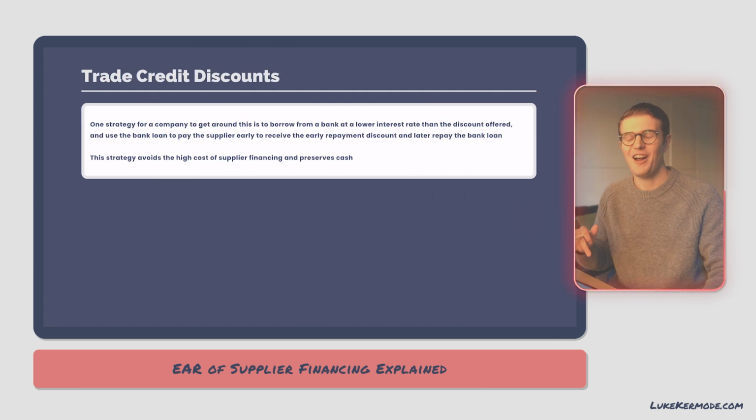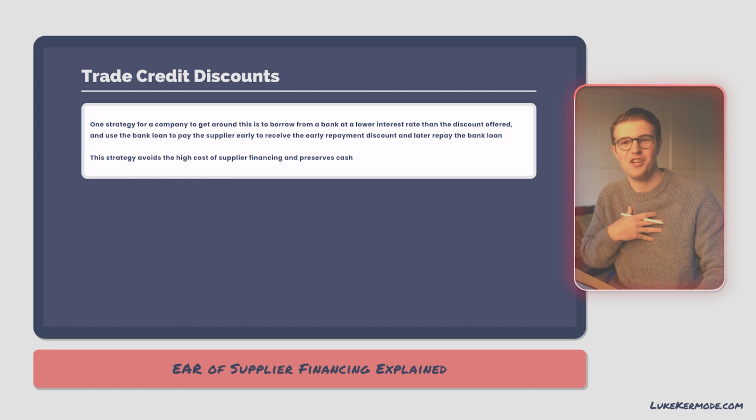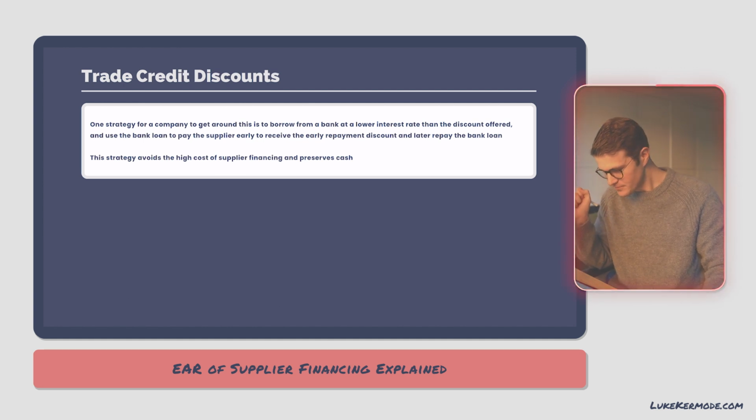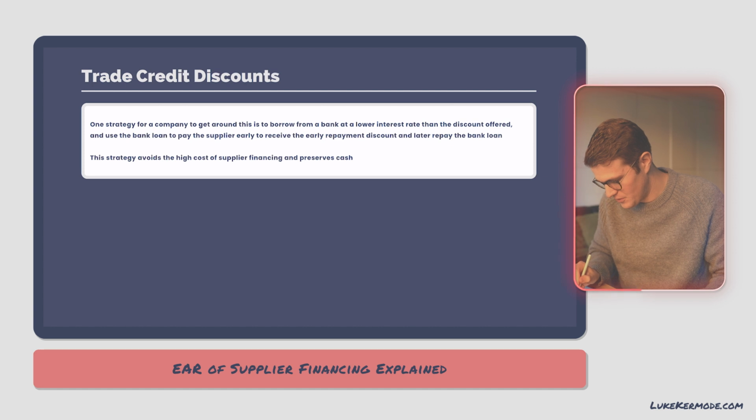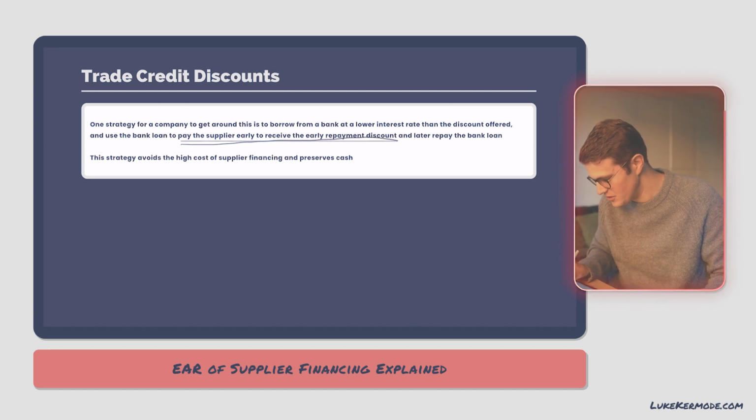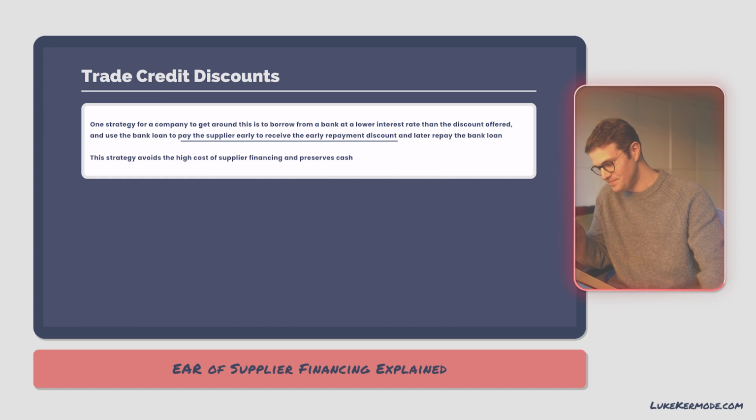So how can a company get around this? One strategy that they can use is taking out a loan from a bank. The loan will need to be at a lower interest rate than the discount rate offered by the supplier, and the bank loan can be used to pay the supplier early, therefore allowing the company to take advantage of the early repayment discount.